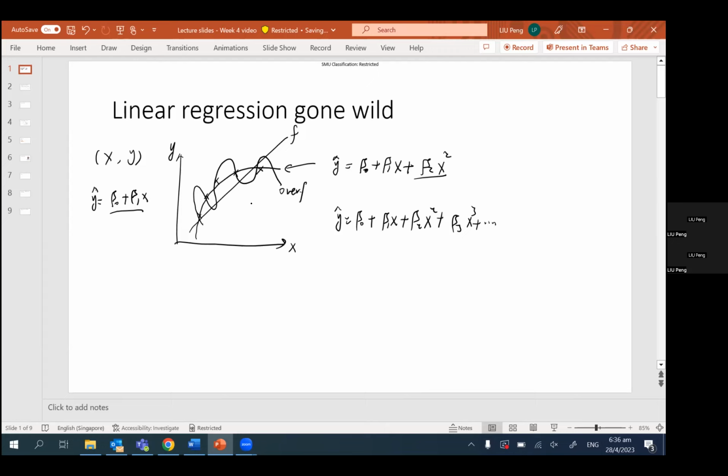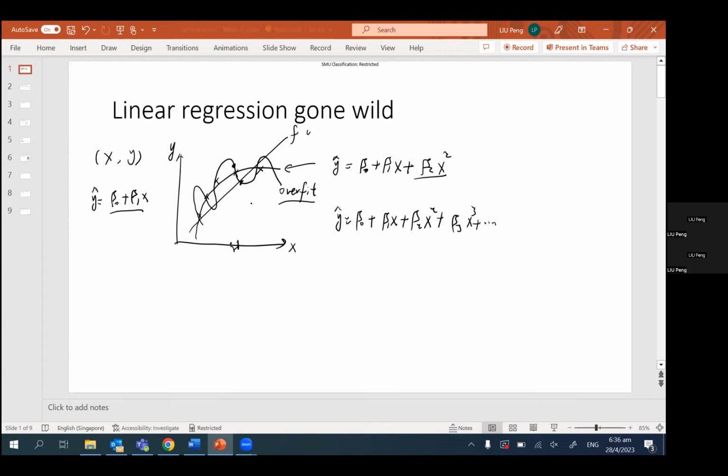We overfit because we fit the data points too much, and there's too much sensitivity. For example, if my x is here and my prediction is here, and I change x to here, the prediction moves to here. The prediction changes a lot even though x only changes a little bit. This is called high sensitivity, and it is a typical sign of overfitting.